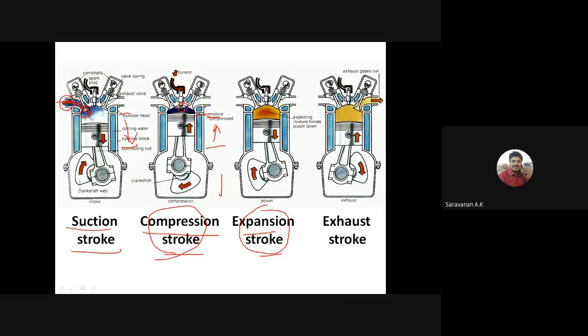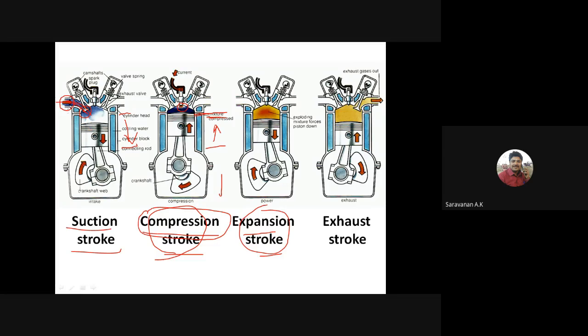When the combustion starts, it is before the piston reaches the TDC. At the end of the compression stroke, the piston moves towards the TDC, and slightly before the TDC, the combustion takes place.